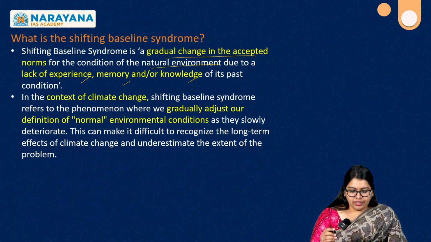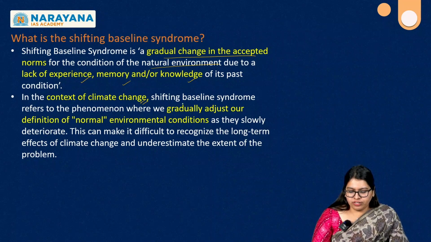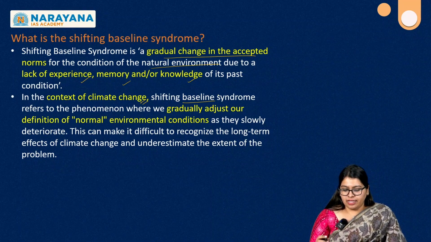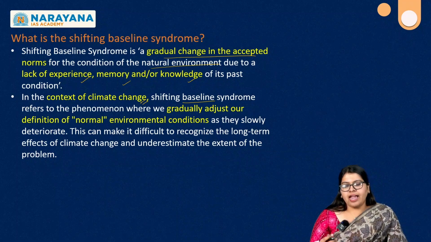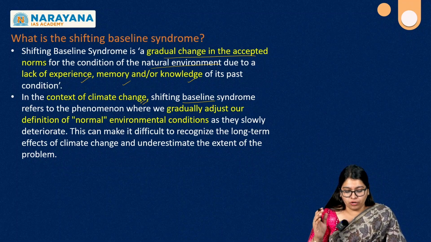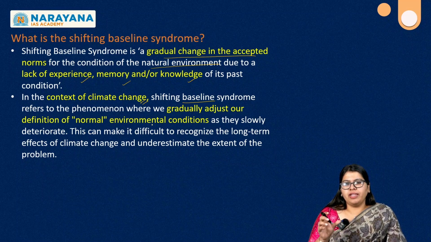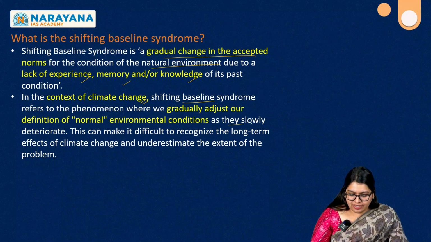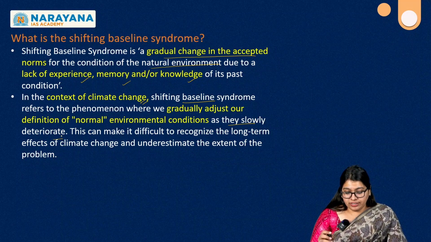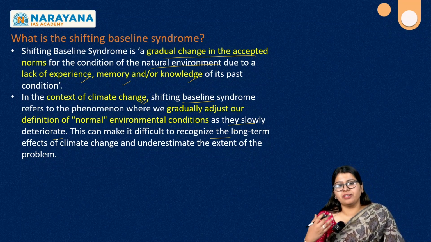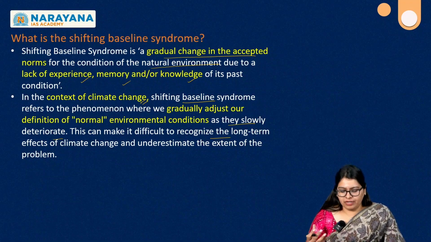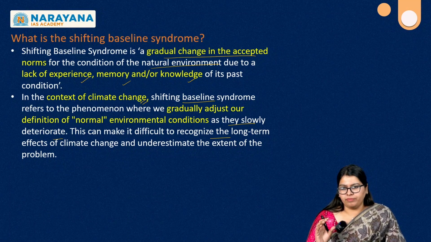Moving on, in the context of climate change, we gradually adjust our definition of normal, and we perceive the present condition to be the normal environmental condition as they slowly deteriorate. This can make it very difficult to recognize the long-term repercussions or effects of climate change, and we will underestimate the extent of the problem.